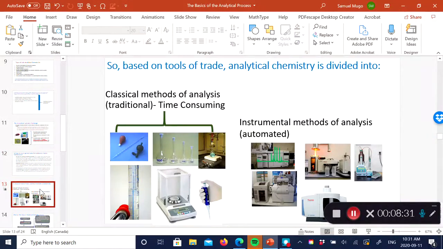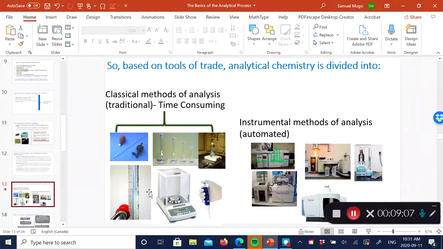So based on the tools of trade, analytical chemistry can be divided into classical methods of analysis or instrumental methods of analysis. All right, so things like traditional titration, things like volumetric analysis, things like gravimetry, things like the titration again here with the burette, those fall in the realm of classical methods of analysis.